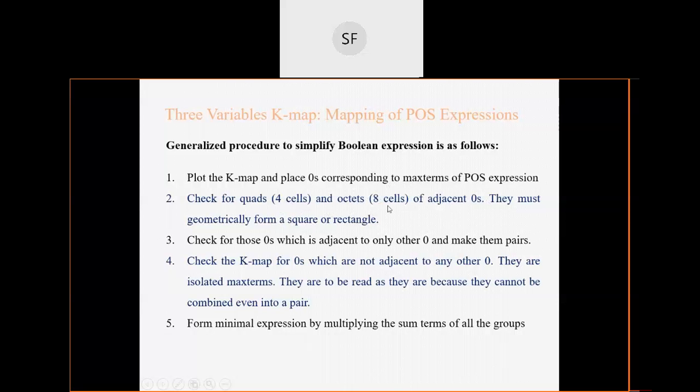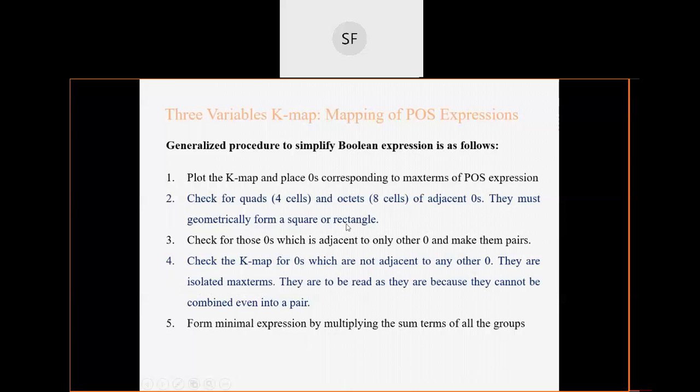So first check for an octet; if there is no octet, then go for the quad. If there is no quad, you should go for the pairs. Pairs are nothing but 2 cells. And if there is no pair either, then an individual term remains, and that individual term is called an isolated max term. For that term, reduction is not possible.